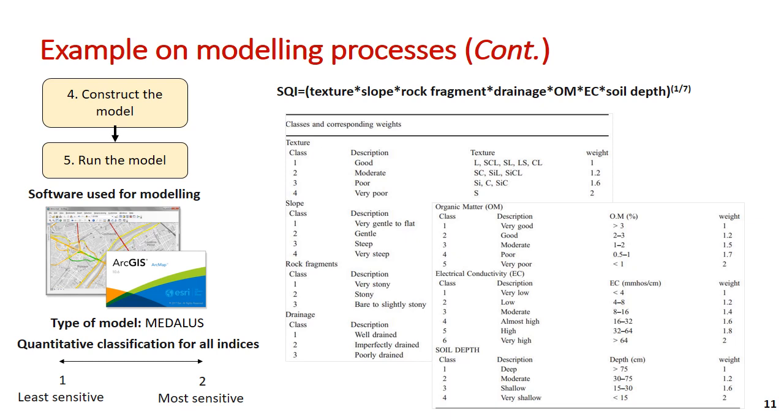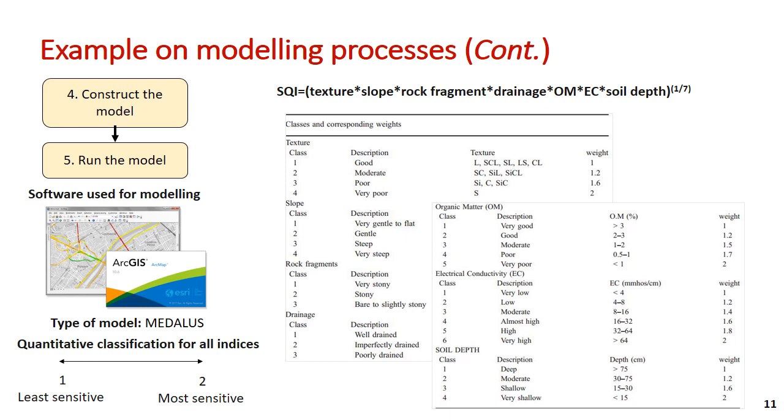This is an abbreviation. In their model, they developed a quantitative classification for all of the different indices. And in this, they have the value either 1, which means least sensitive, or 2, which is most sensitive, or something in between.